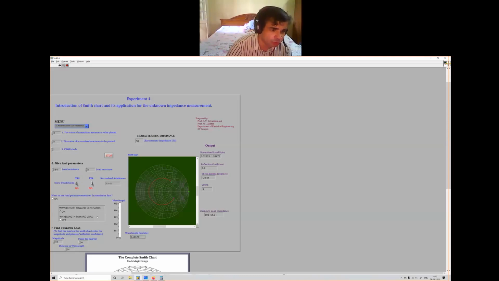If I move towards generator, it should move in the clockwise direction, but it is not. If I move towards load, it is still moving in the same direction. So probably there is some problem with the seventh experiment. Anyway, that is the seventh experiment. Any questions?